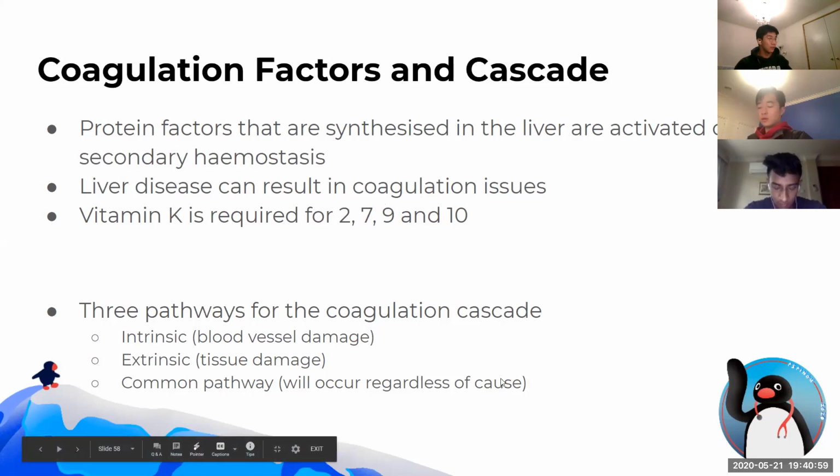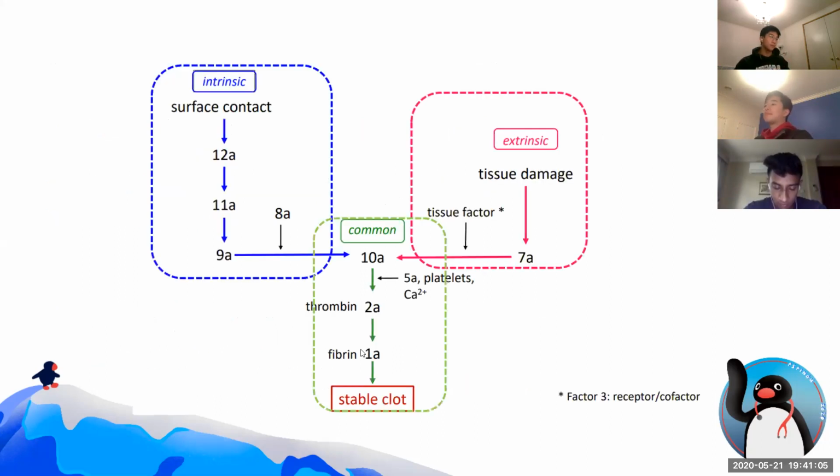We'll have a flow chart in the coming slides that'll show us a few pathways we can take. This is the pathway you'll see in the slides, and you'll need to remember this pathway essentially. We have the intrinsic pathway and the extrinsic pathway, and these join together to form the common pathway.